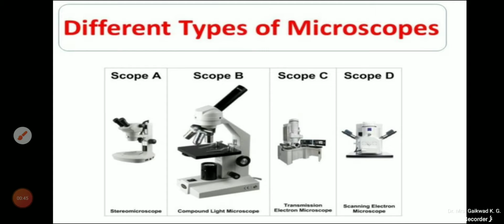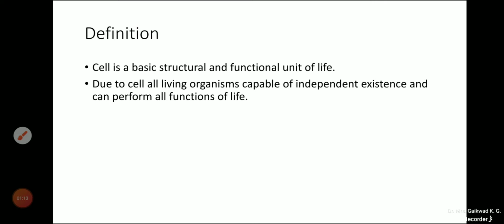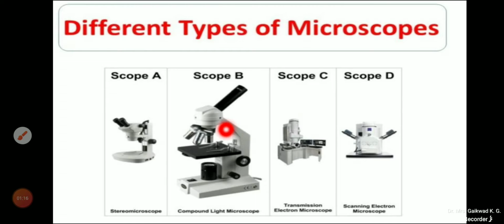So to see the cell clearly, we need a microscope. Larger cells can be seen through the simple microscope. It is actually a dissecting microscope seen here, used for dissection purposes. For more magnification, for more clarity to observe the microscopic cells, we need the compound microscope or the electron microscope.